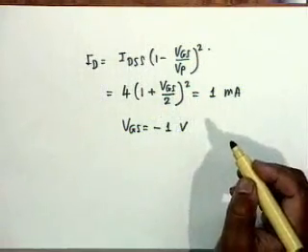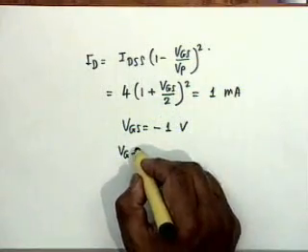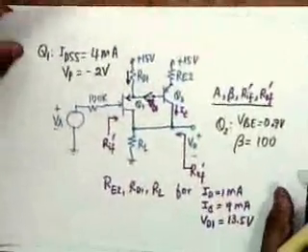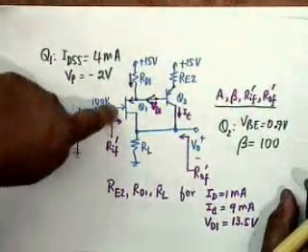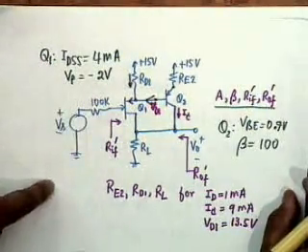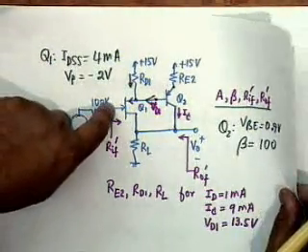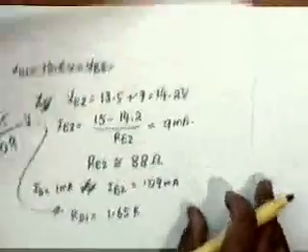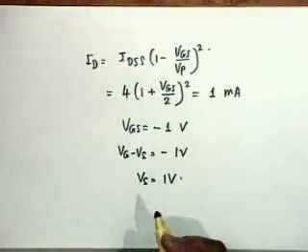Isn't that right? Now VGS is VG minus VS, which is minus 1 volt. And if you look at the circuit, what is VG? What is the DC voltage here? There is no DC source, therefore it is 0. Is that clear? So VG is equal to 0, which means that VS is equal to 1 volt.